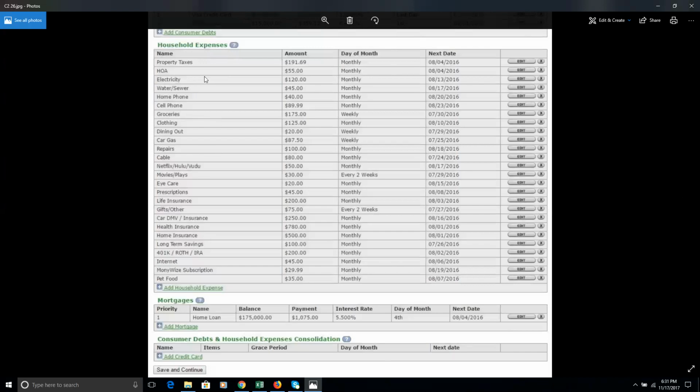Here's an example of property taxes, homeowner fees, electricity, water, sewage, phone, groceries, repairs, cable, all the things that we might have in a household expense, how much we're going to be paying, how frequently we pay them as well. Is this a weekly expense? Is this a monthly expense? When's it next due? So the system could be that analytical, and there is no limit to the number of items that we could put there.